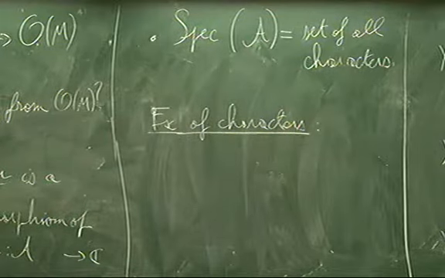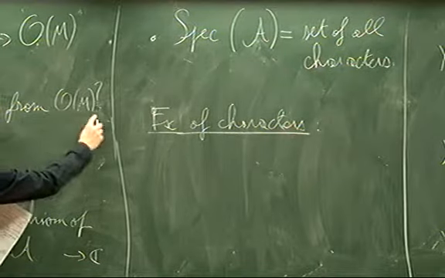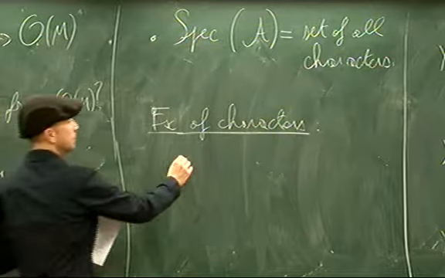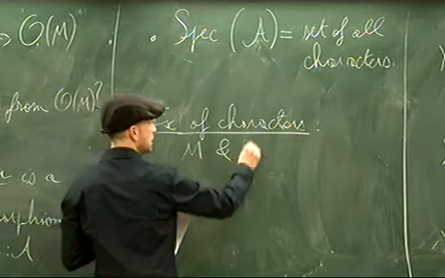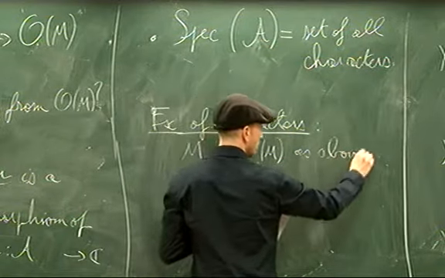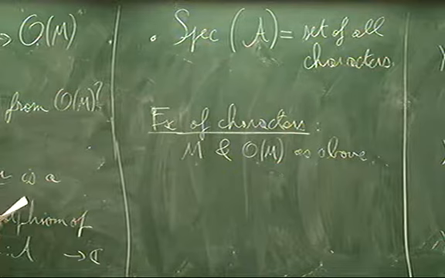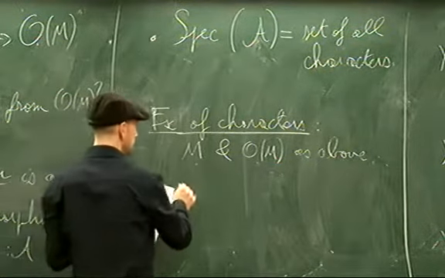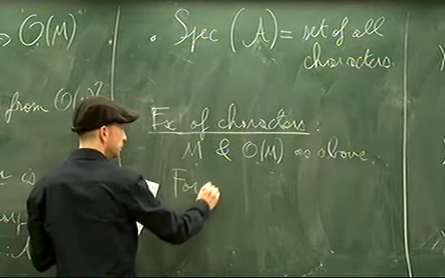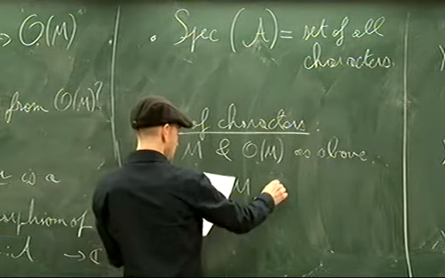Suppose we have a complex manifold M and the algebra O of M as above, the algebra of holomorphic functions.